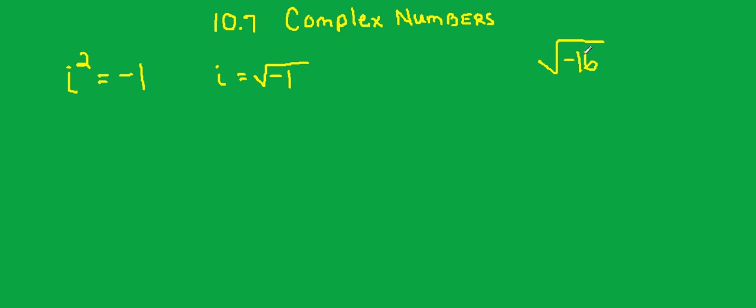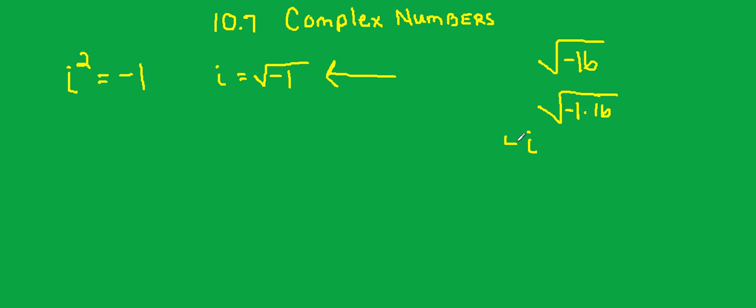So for an example, I'll use the square root of negative 16 as it's given to us here, and I can split this up to read it as the square root of negative 1 times 16. As I evaluate it, the square root of negative 1 equals i, so I'm going to bring the i out front, and then I have the square root of 16, which is a square number, so that's 4.